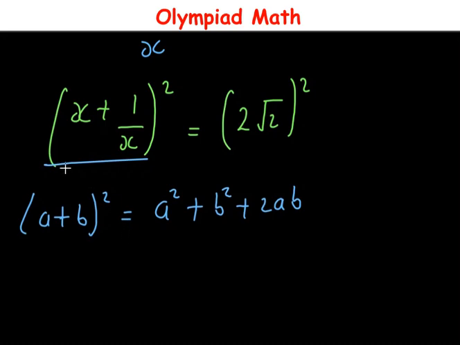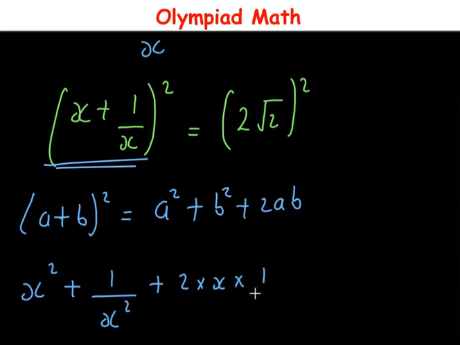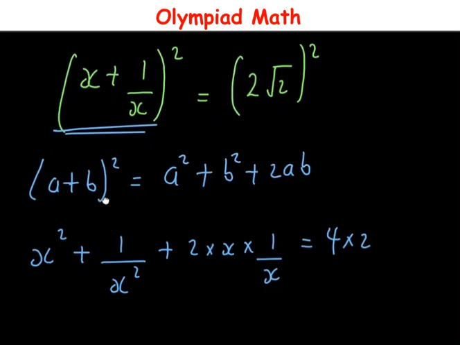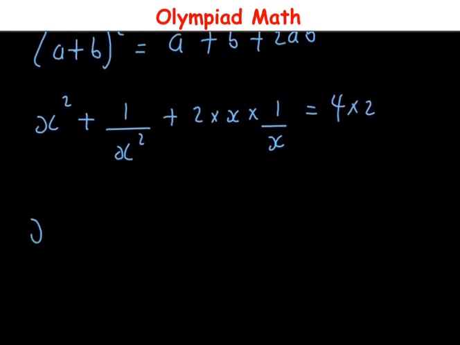In this case, this becomes x squared plus 1 over x squared plus 2 times x times 1 over x, and this equals 2 squared is 4, the square cancels the square root, times 2. So x cancels x, we have plus 2 times 1 is 2, equals 4 times 2 is 8.